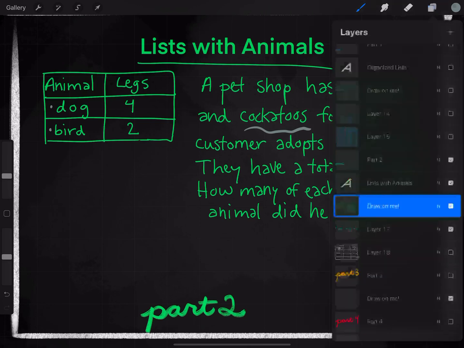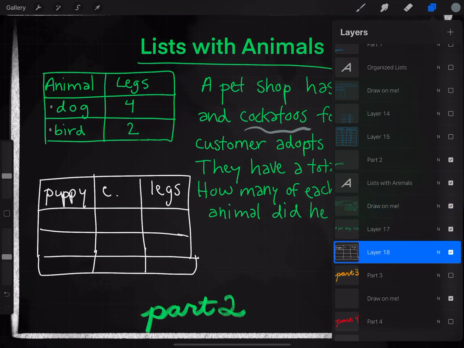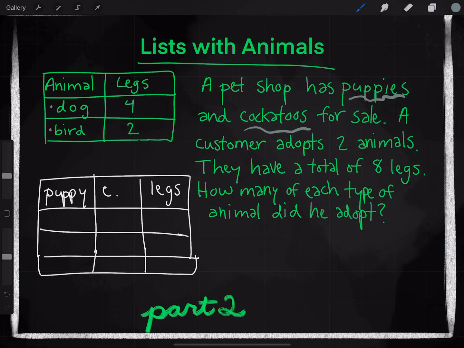So you can draw a chart to show this. A puppy, and here you'll put the number of puppies. So say you have no puppies. And here's C for cockatoo, and the total number of legs.